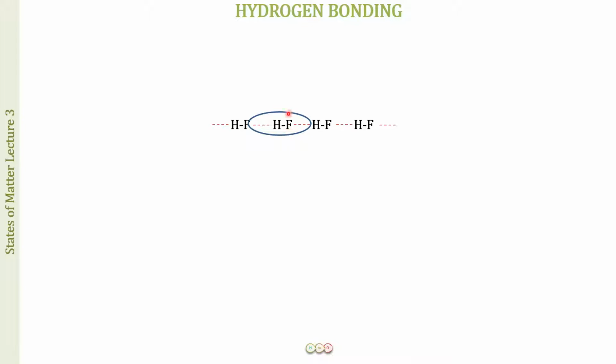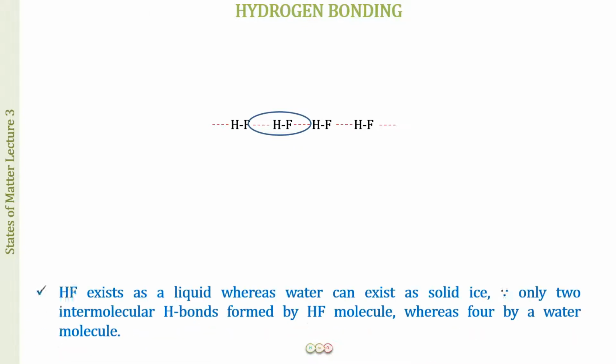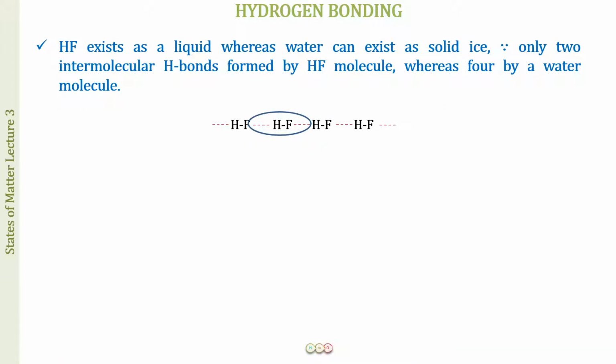And when this is forming hydrogen bonds with the other molecules, this hydrogen bond is going to be the strongest bond. But what we see is that HF exists as a liquid, whereas water can exist as solid ice. What should have happened is, when there are more forces of attraction between the HF molecules, HF should have existed as a solid rather than water existing as a solid.